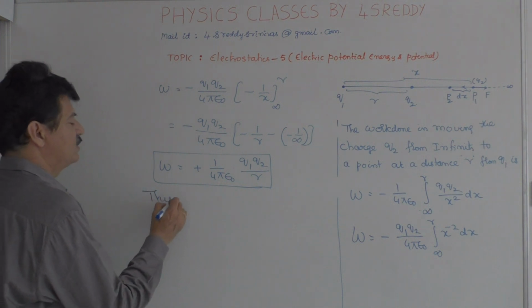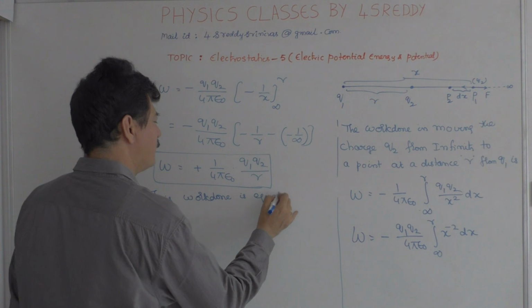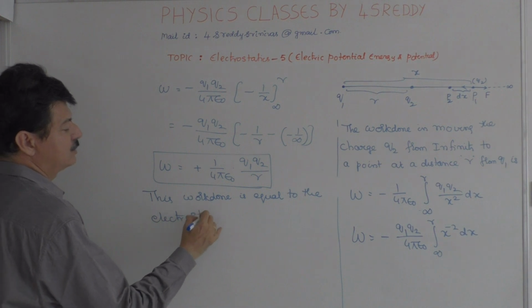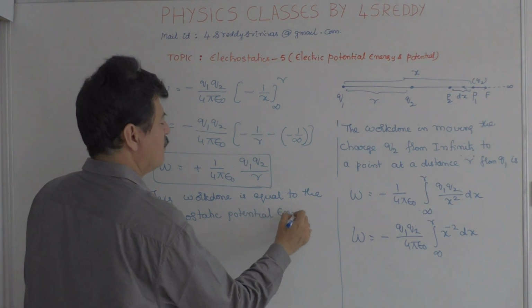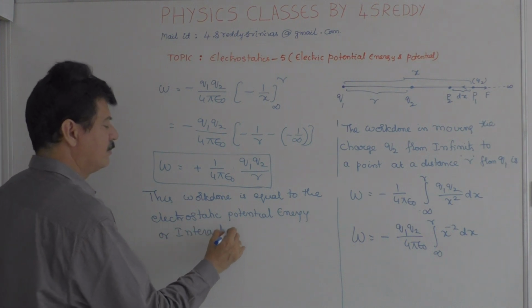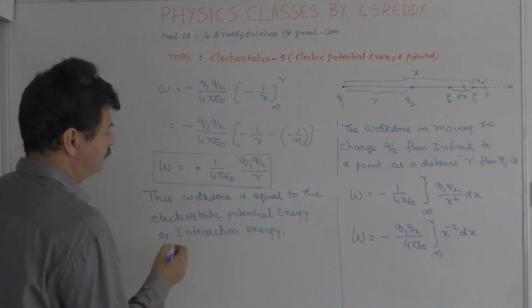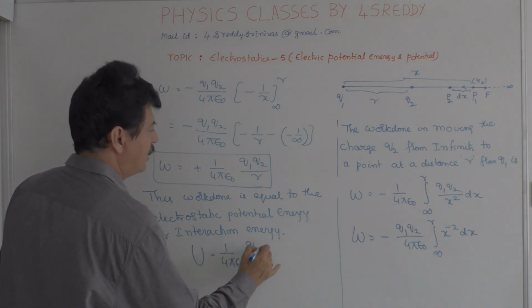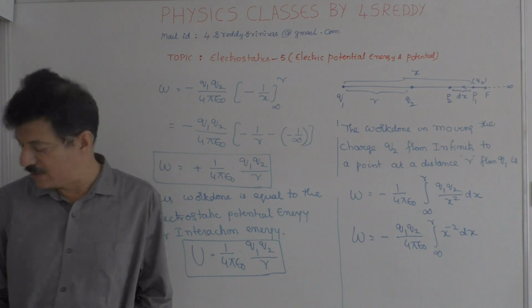Therefore, this work done is equal to the electrostatic potential energy or interaction energy, and this is given by 1 by 4 pi epsilon naught Q1 Q2 by R. This is the first point we have.